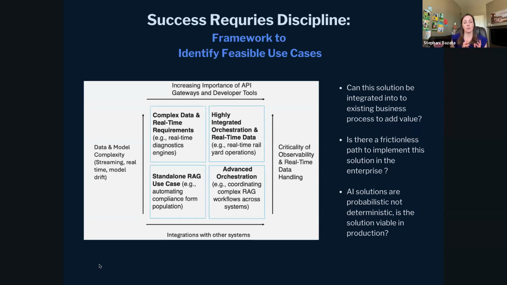And that might be something that ends up being part of a larger ecosystem. Those are really good to get started with if you're low on some of the other things we talked about as far as the API capabilities and the data capabilities.